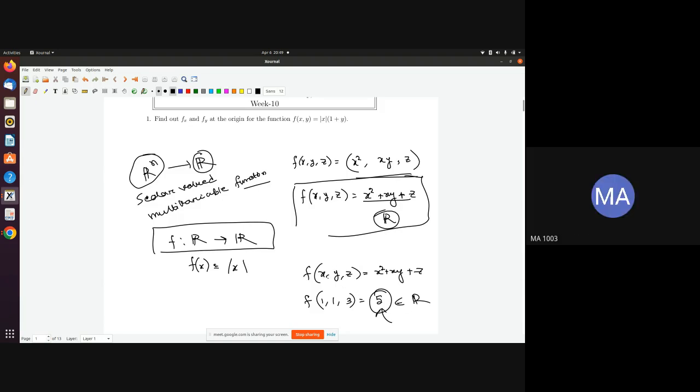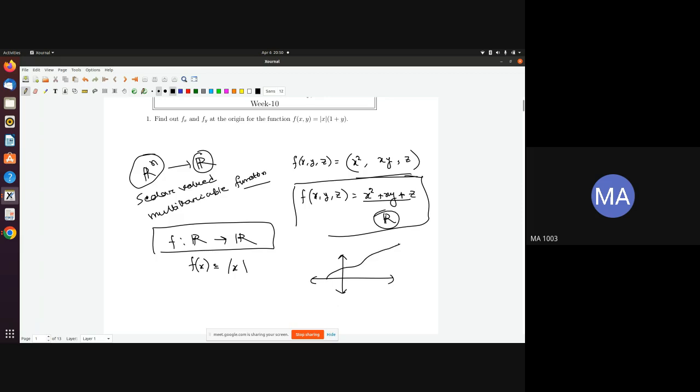Now the interesting thing is, in one variable function, the first thing we did to understand calculus was limit and continuity. Here also we will do the same type of thing. Remember how we did limit for a one variable function.